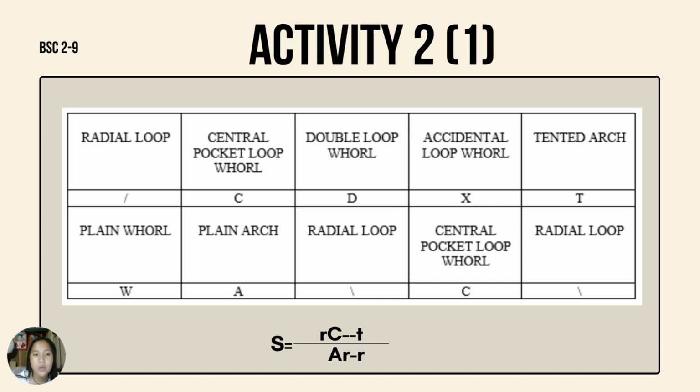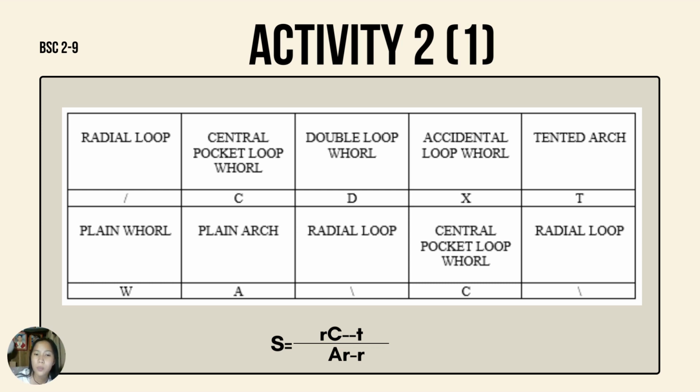Now we go for the left fingers. Plain whorl is not included in rat, so we leave it blank, because it is the start of the symbols; we should not write a dash, we do not write anything. Next is the radial loop. It is included, so it has letter R in small letter.